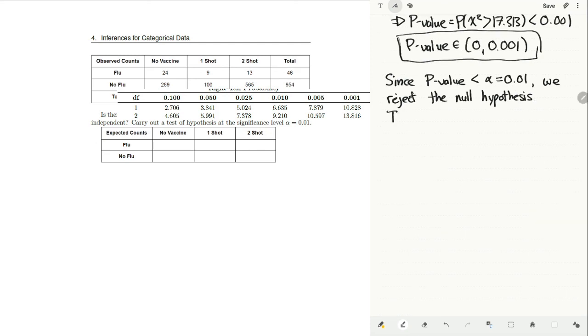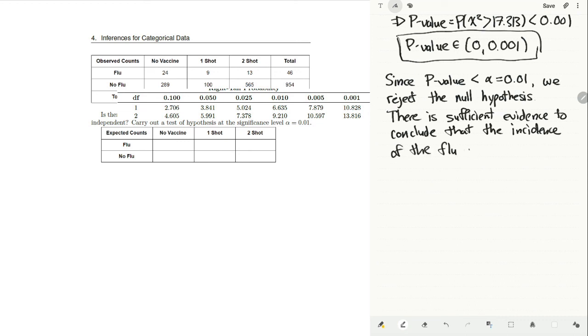So that tells us that there is sufficient evidence to conclude that the incidence of the flu is impacted by the number of flu shots. So there is some association between our two variables.